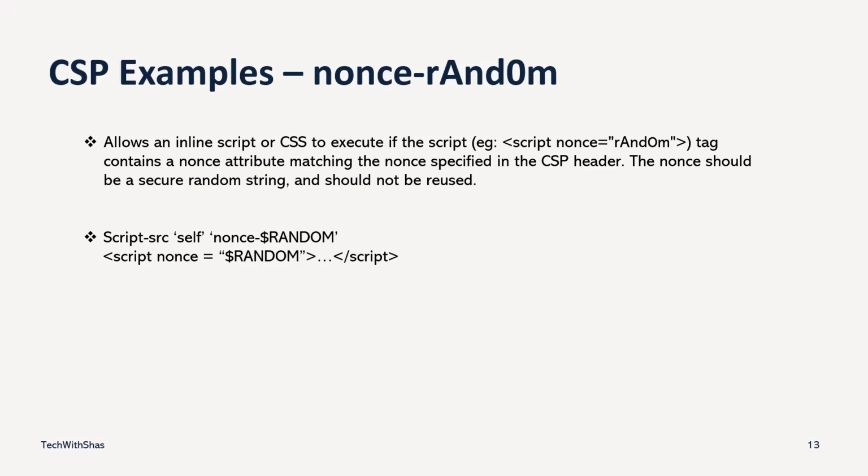So whenever a hacker wants to hack your application, they will try to inject their script, but they cannot, because the nonce is known only to you, unique to your application. At that time, they're strictly blocked by our security policy.